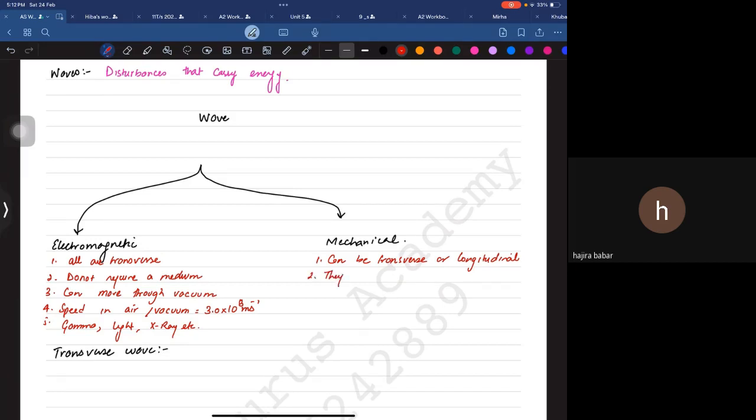They are mechanical, so they require a medium, and also they cannot travel through vacuum. Some of the common examples of these are like water, seismic, sound, etc. So you can write this down. Interesting, huh?